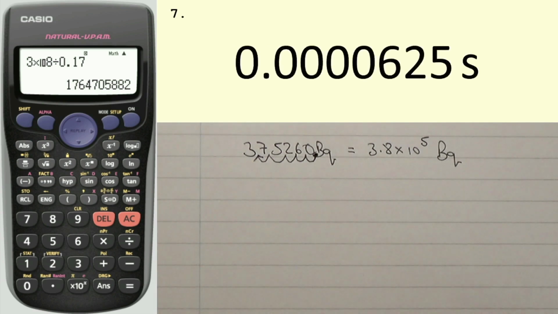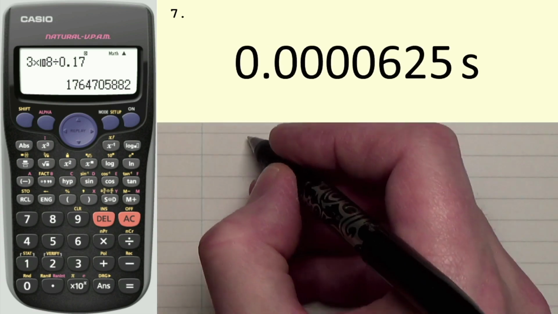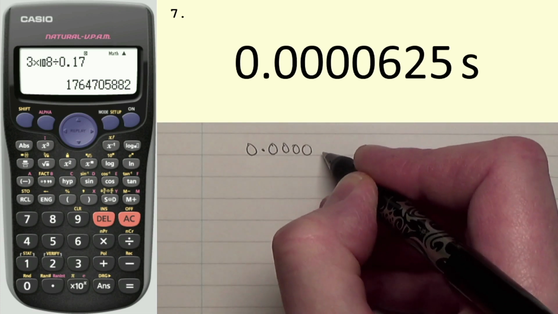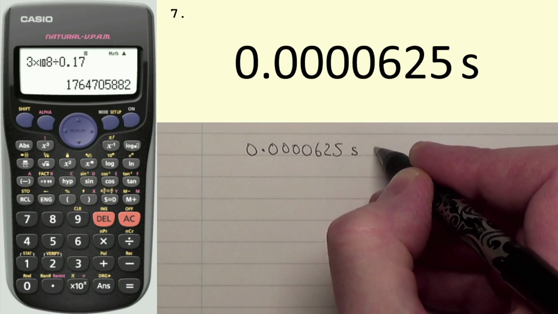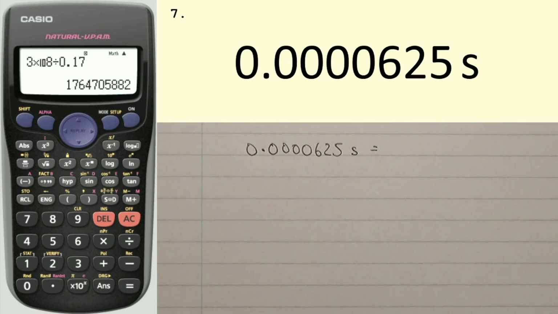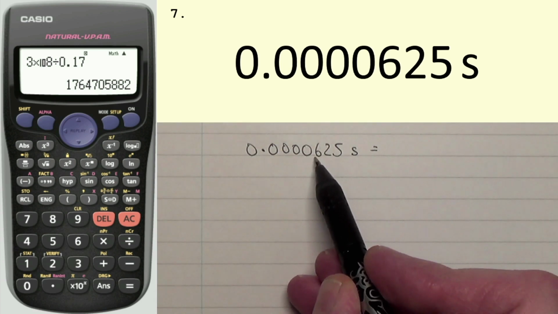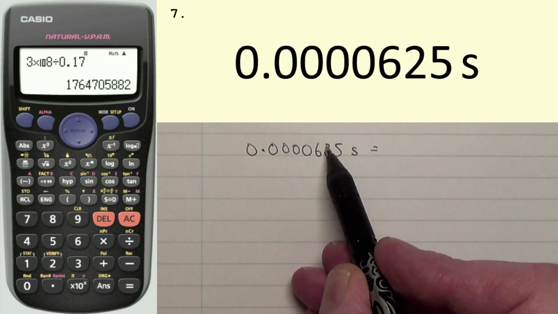Number 7. So this is a time. So let's see, 0.0000625, and it's in seconds. And that would be equal to, again, this third non-zero figure is 5 or greater, so that means I need to round this up to 3.